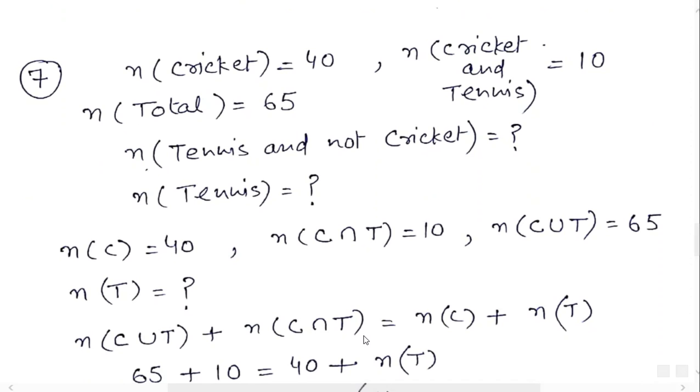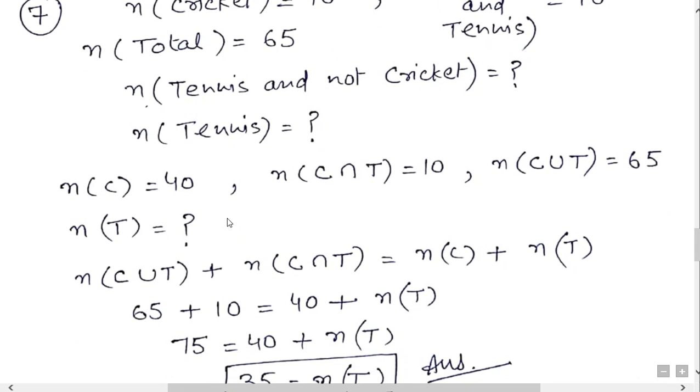In question number 7, the people who like cricket, the people who like both cricket and tennis, and the total are given. You have to calculate the people who like tennis only, and second, the people who like tennis. Now let us try to calculate this. n(C) is given to you, n(C intersection T) is given to you, then the union is given to you.